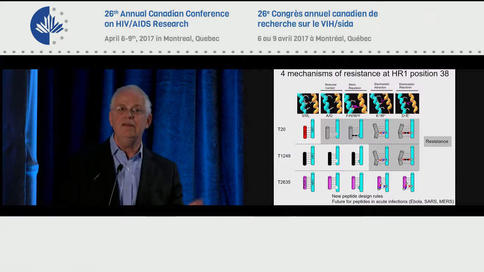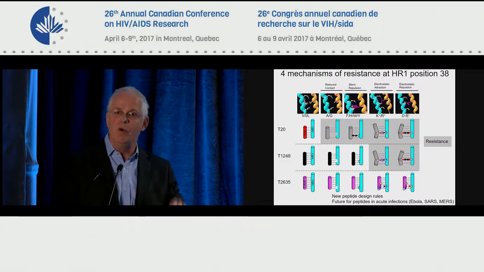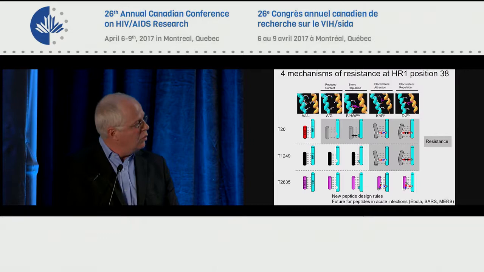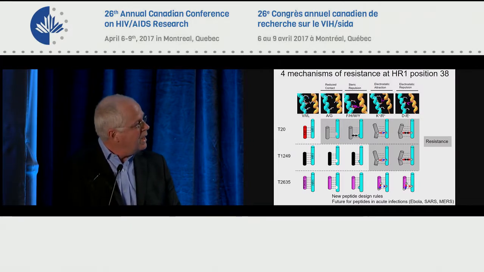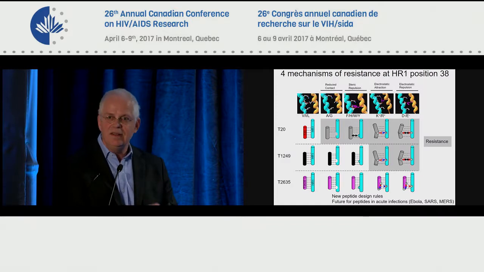Now that, again, actually tells you an important story. And we did some more research. I skipped the results. But basically, one idea, if you look at these slides, is that over here, it may be possible that this charge will not cause resistance because there is actually an opposing charge within the peptide. A salt bridge is generated there.